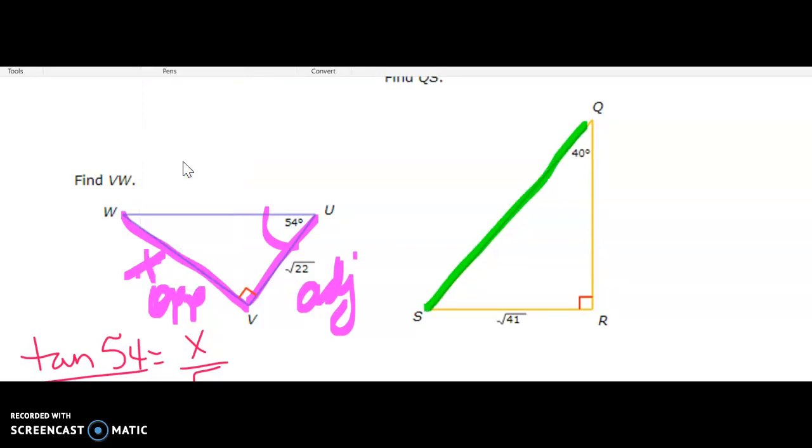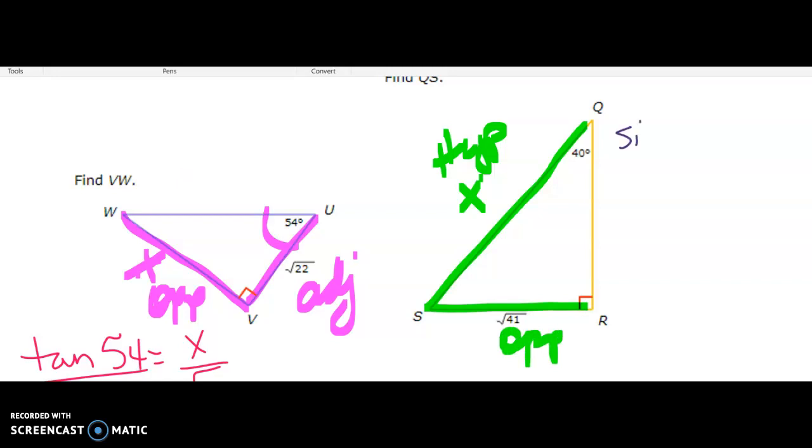QS, finally getting into something different. QS is x, which is the hypotenuse. Square root of 41 is opposite. Opposite and hypotenuse is sine. So sine 40 equals opposite, which is square root of 41 all over the hypotenuse, which is x.